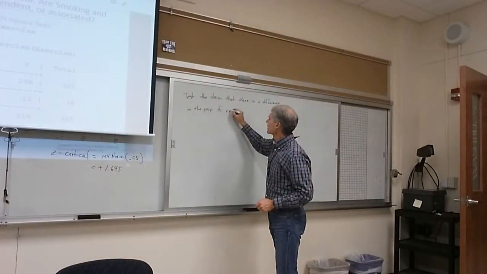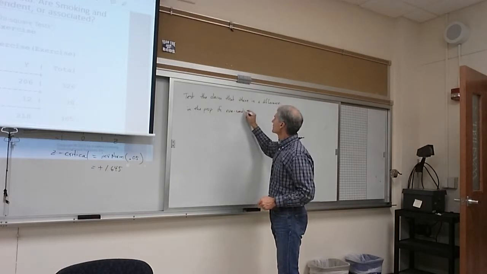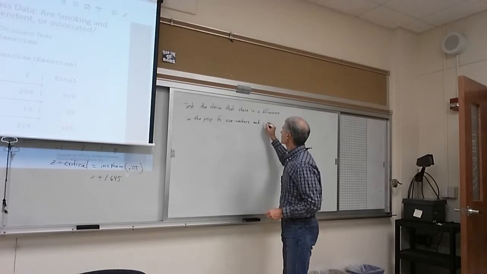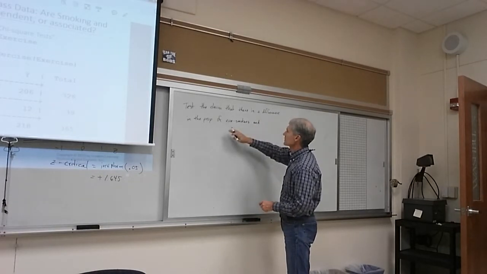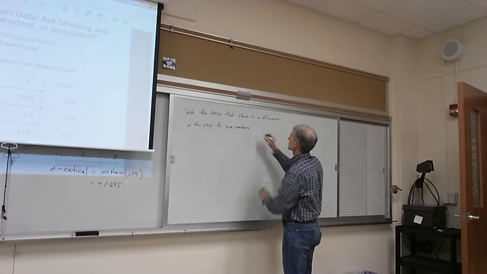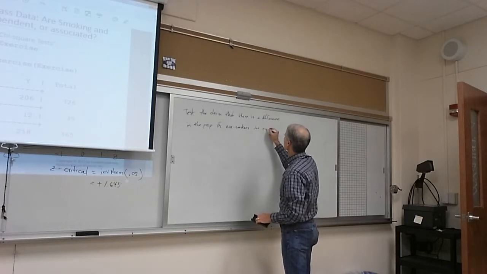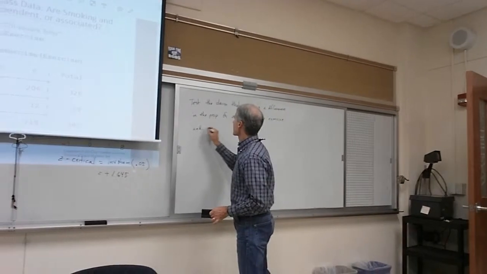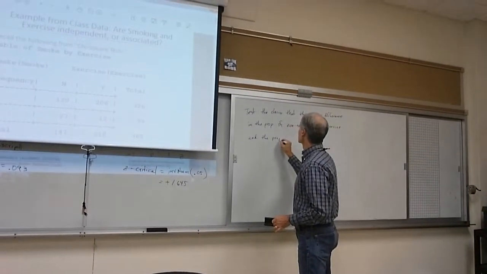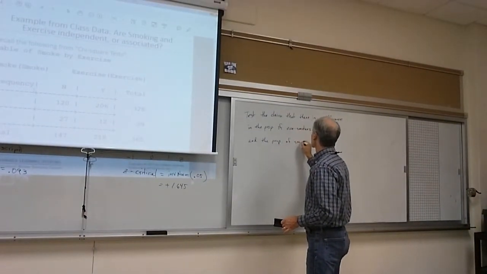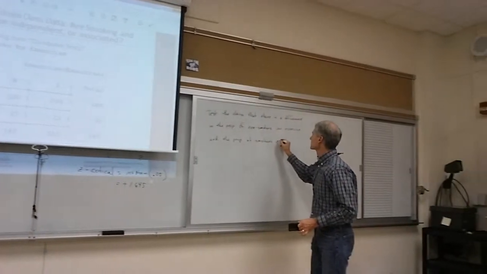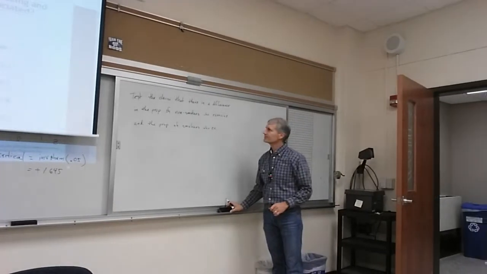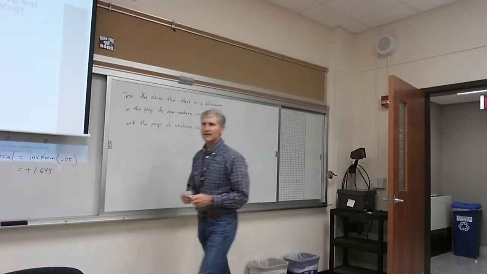But proportion of non-smokers and is a difference in the proportion of non-smokers who exercise and the proportion of smokers who exercise. I'm abbreviating there all over the place. Okay, so test that claim.